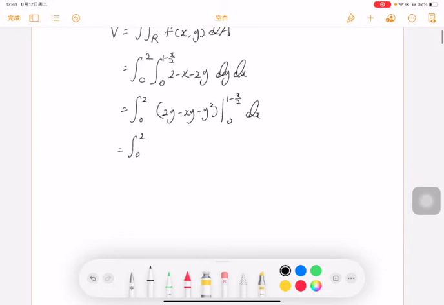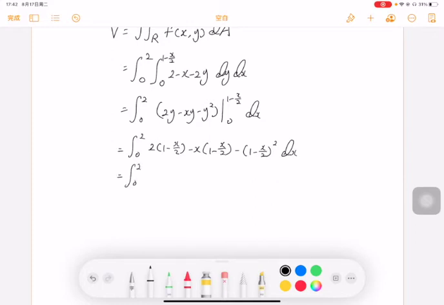Plugging these two boundaries, we get 2 times (1 minus x over 2) minus x times (1 minus x over 2) minus (1 minus x over 2) squared. Plug in 0, you get 0. So that's all of the integrand, and then dx.